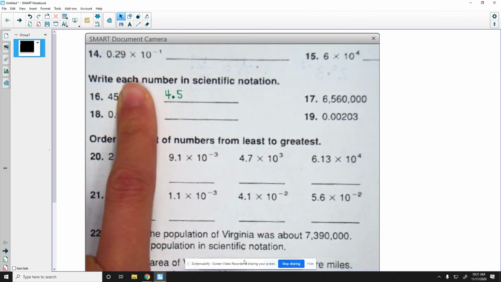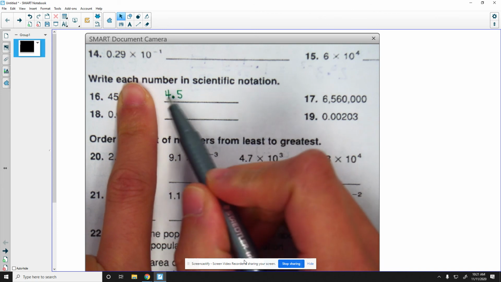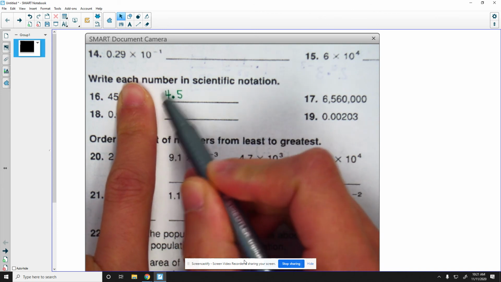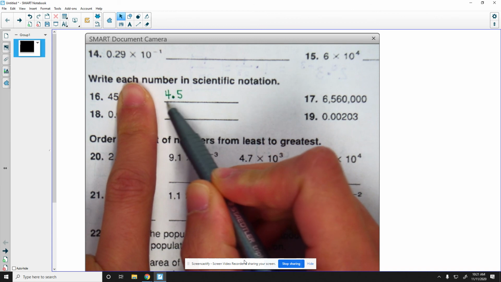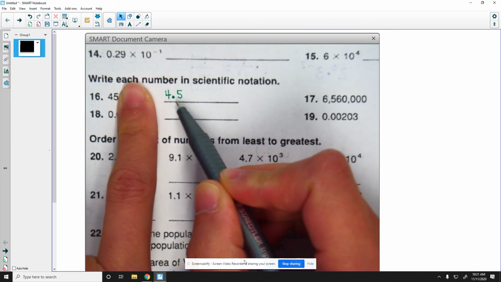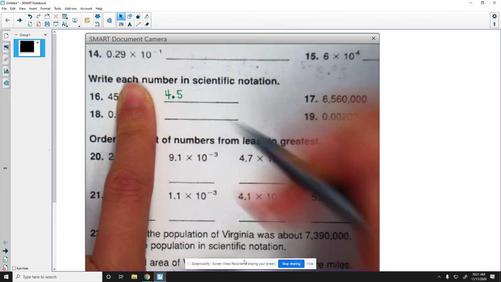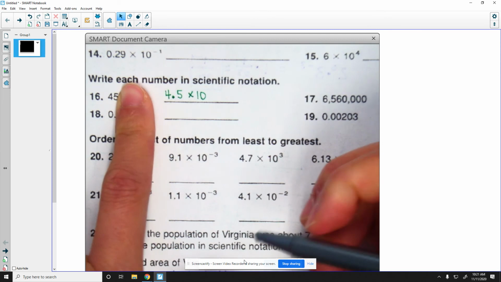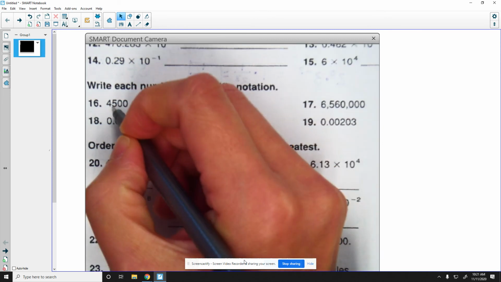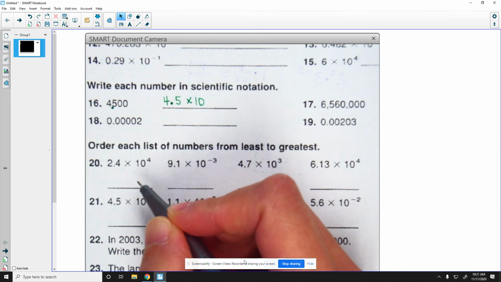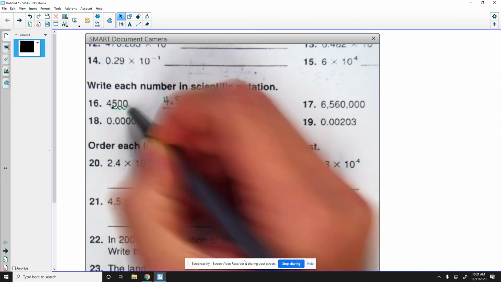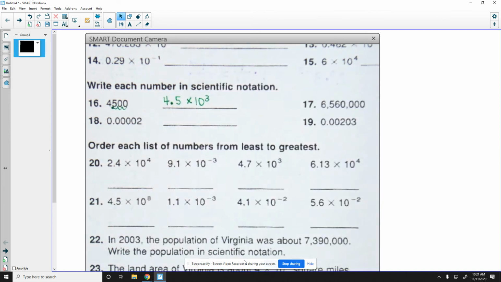It's not 45, it's not 0.45. Scientific notation always has to be between 1 and 9. So 0.45 is too small, 45 is too big. It's 1 number, 1 decimal, everything after, and then times 10 to the something. So here's 4.5. I'm moving it 1, 2, 3 to the end, so it's times 10 to the third power.